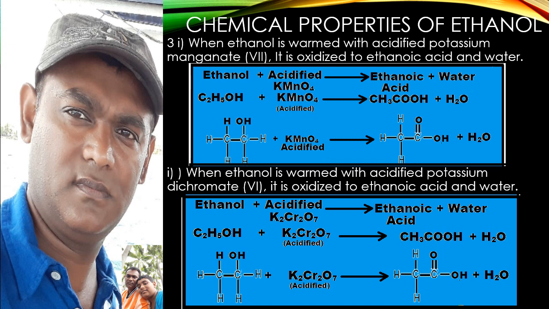Another way to oxidize ethanol to ethanoic acid is by warming it with acidified potassium dichromate(VI). The ethanol is oxidized to ethanoic acid and water. Both of the reactions are oxidation reactions, where ethanol is being oxidized to ethanoic acid and water.